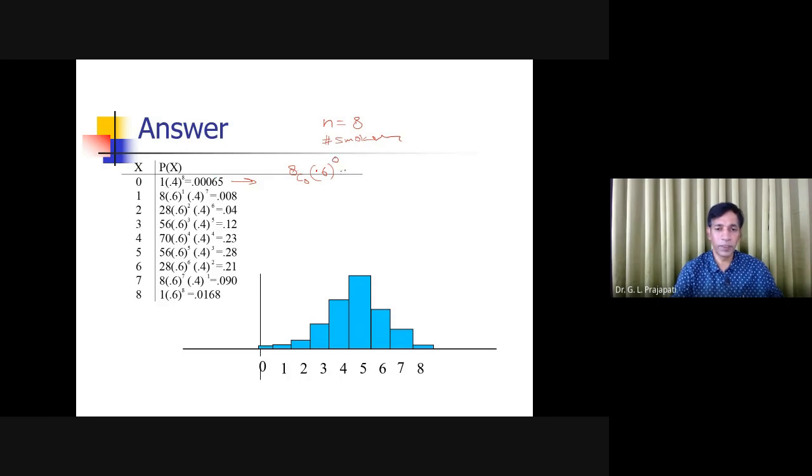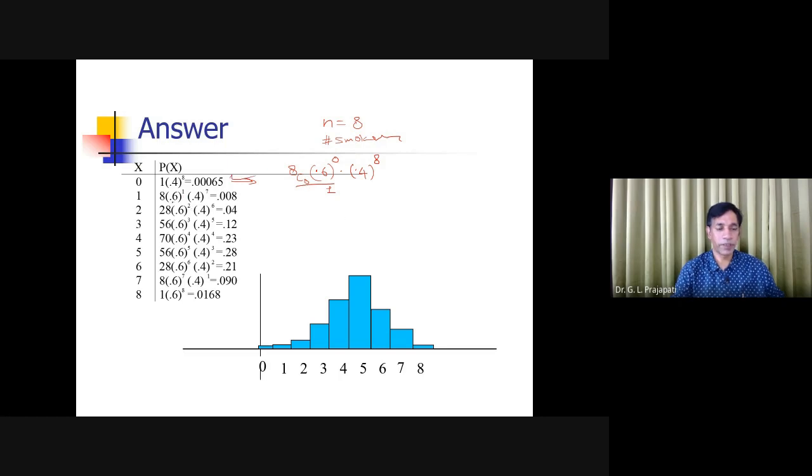Multiply by the probability of failure, 1 minus 0.6, which is 0.4. And how many times does failure come? 8 times, because 8 minus 0. The value of 8C0 is 1, so this gives 1 multiplied by 0.4 to the power 8.